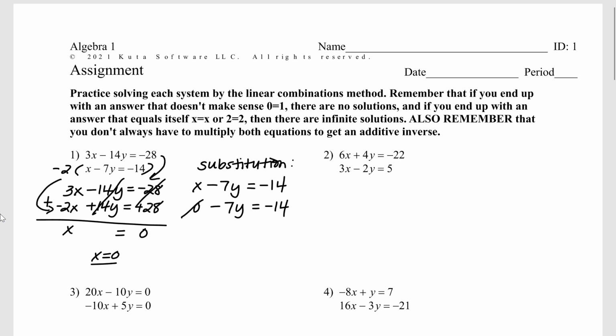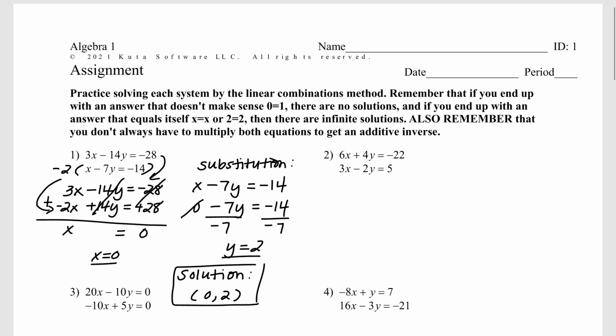It's like a -7y equals -14. I can divide by my -7s and get y equals positive 2. So again, just like we saw before, my final solution is 0, 2.